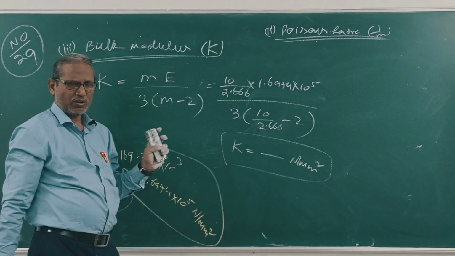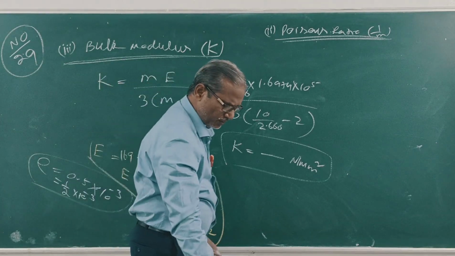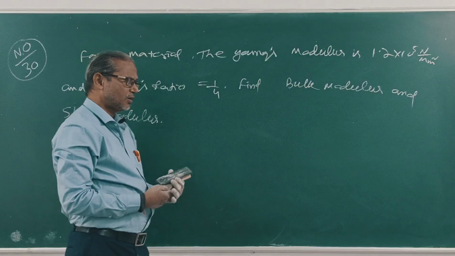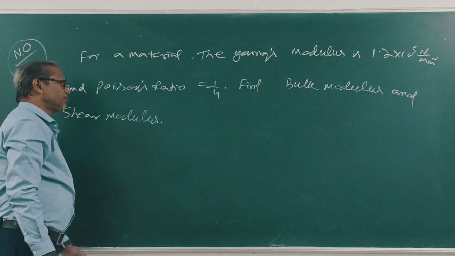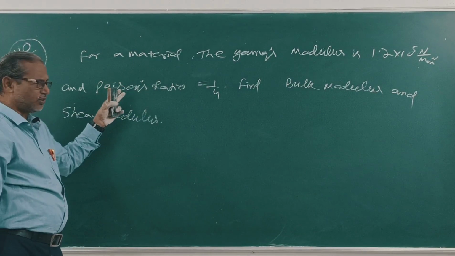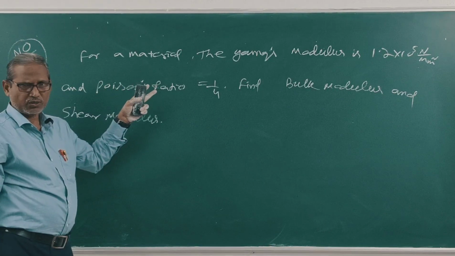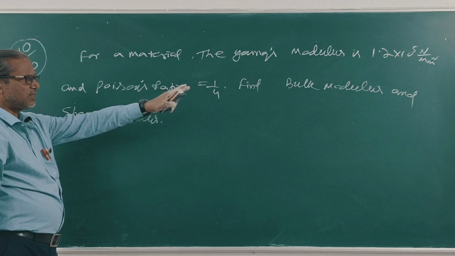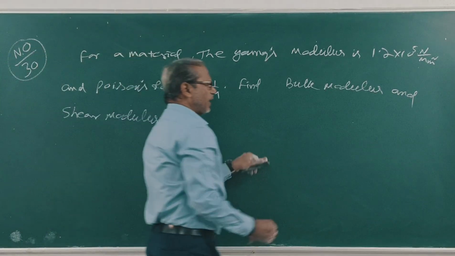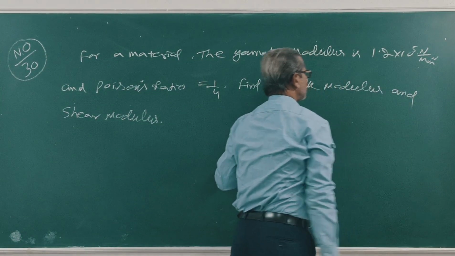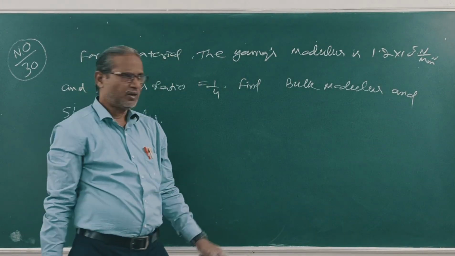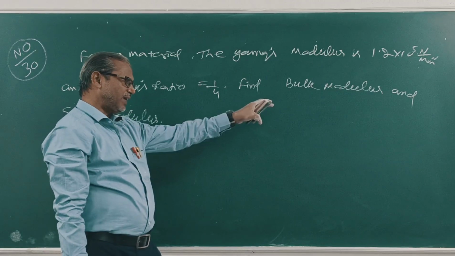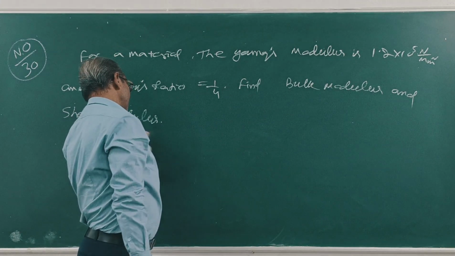Now I will do question number 30. Now this is question number 30. A very simple short question, a 6 mark short question. The question is: for a material, the Young's modulus E is 1.2 into 10 to the 5 Newton per m square, and the Poisson's ratio is 1 by 4, 1 by m. Find the bulk modulus and shear modulus.